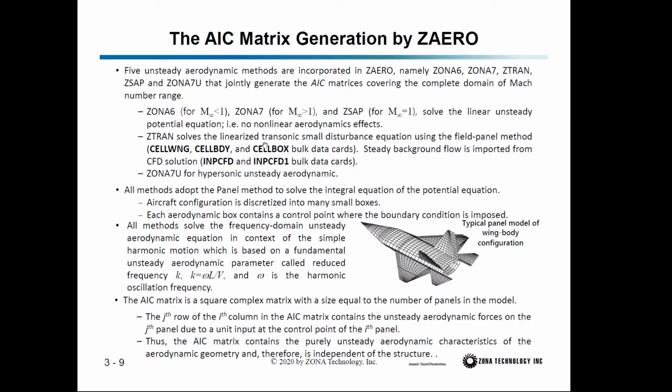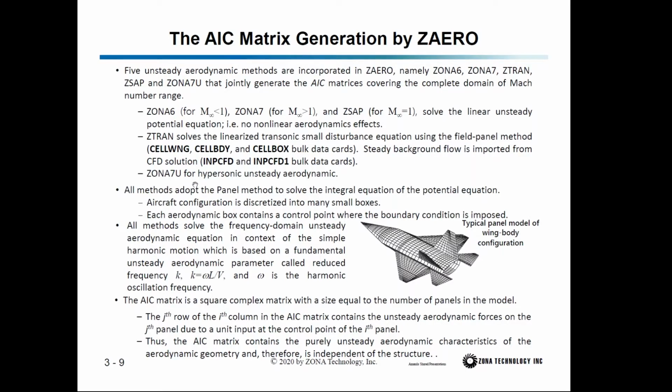Z-Trans solves the linearized transonic small disturbance equation using the field panel method. The linearized transonic small disturbance equation contains varying coefficients, and those varying coefficients come from a steady flow. We call it the steady background flow, and it is imported from the CFD solution.